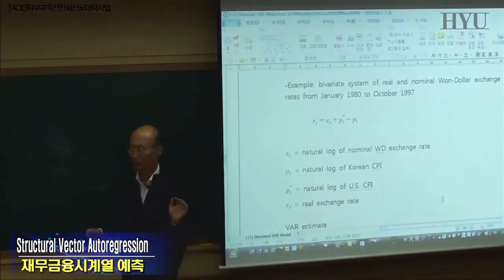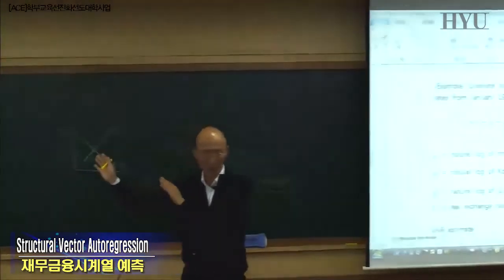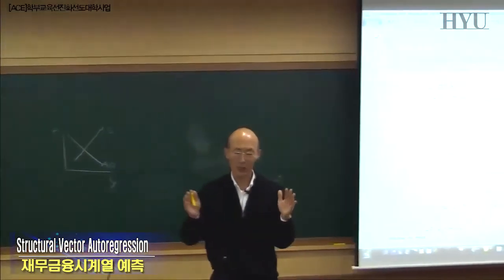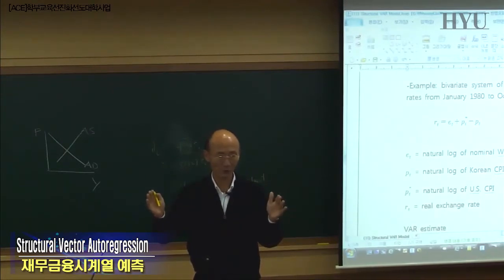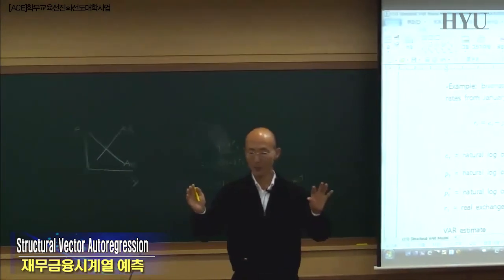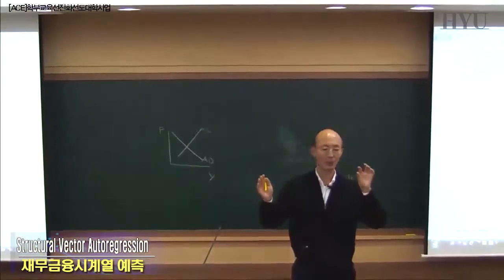Okay? You probably guessed why I brought this nominal exchange rate and real exchange rate. Well, to apply this Blanchard and Quah decomposition, we have to think about the 4th restriction, the identifying assumption. A structural shock, let's say, is defined as a real shock.